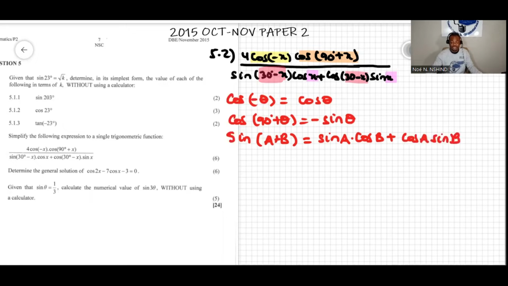I'm going to use these formulas to reduce that expression.